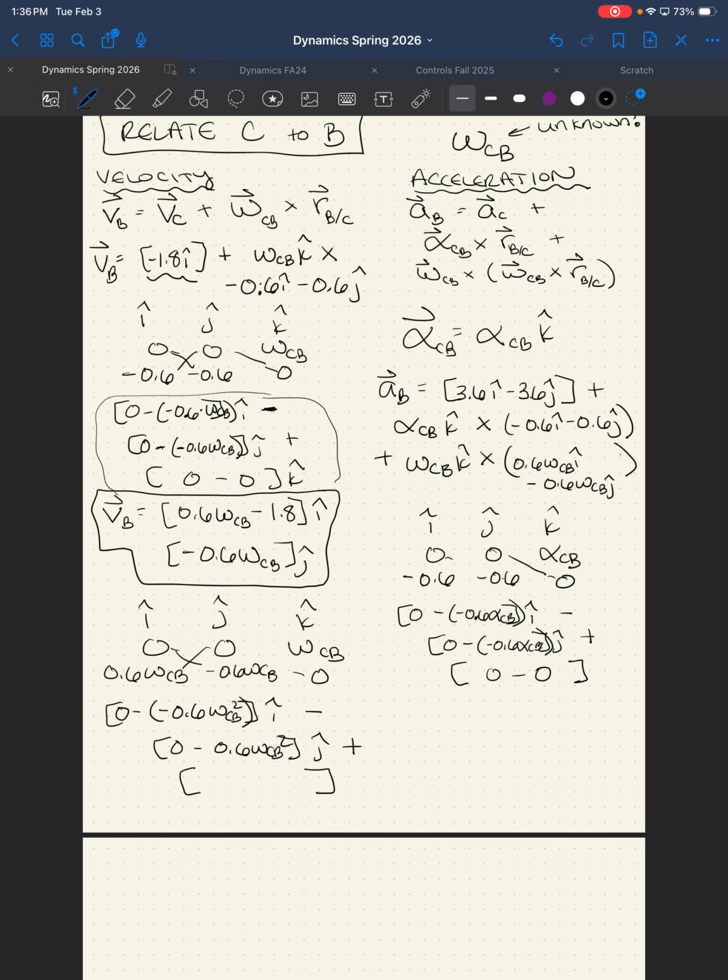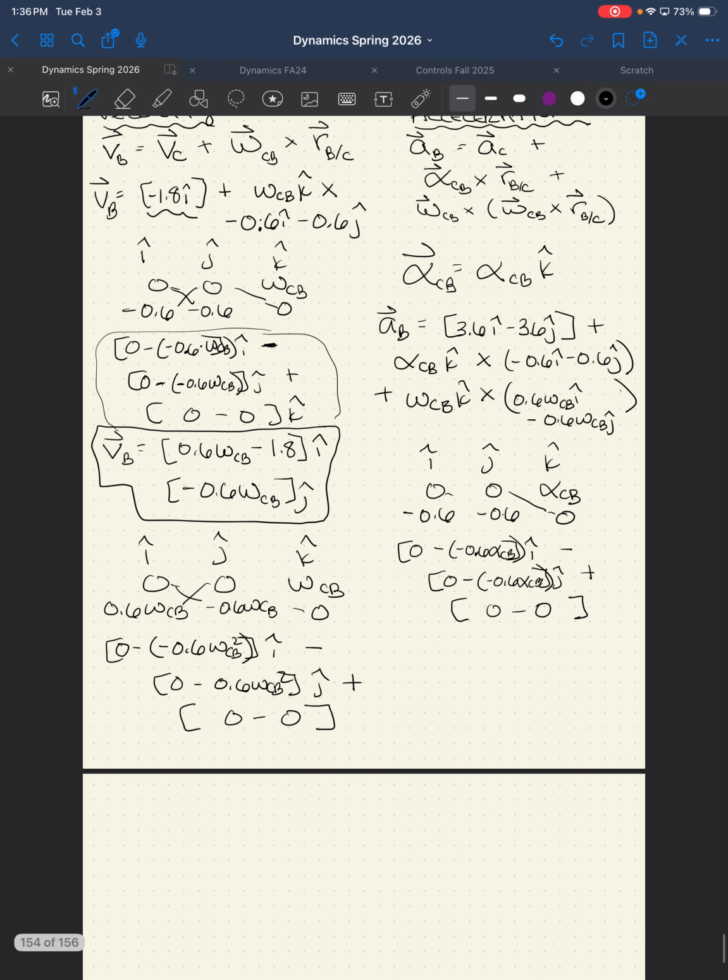Last song and dance is we need to relate what we know about point A to the velocity of B. We'll get another VB and another AB, and then we can set these equations equal to each other. All right, last bit.